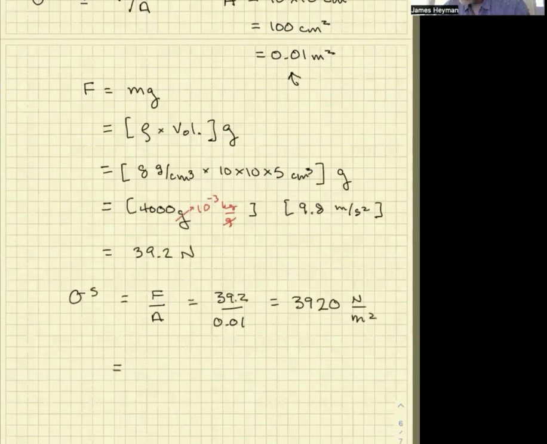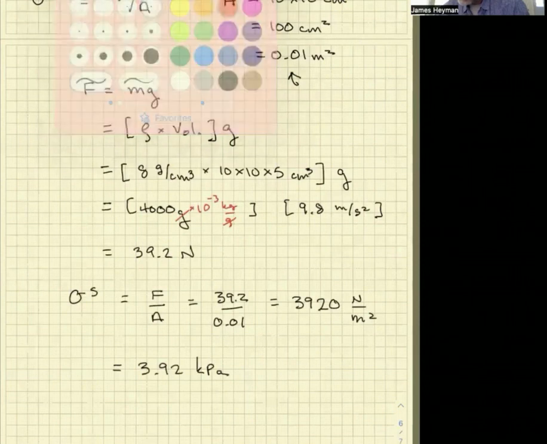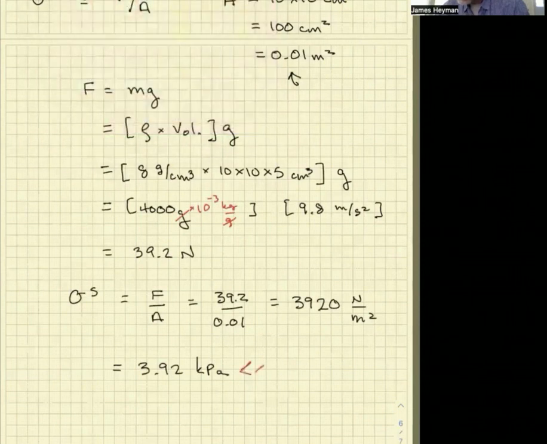If we like, we can write this as 3.92 kilopascals, and we're done. And we can see, of course, right away that this is much, much less than the shear strength of epoxy, about 5 million pascals. So we're in the clear. In fact, you can jump up and hang on to this block, and your weight plus the block's weight still won't break the epoxy. All right, let's stop here.